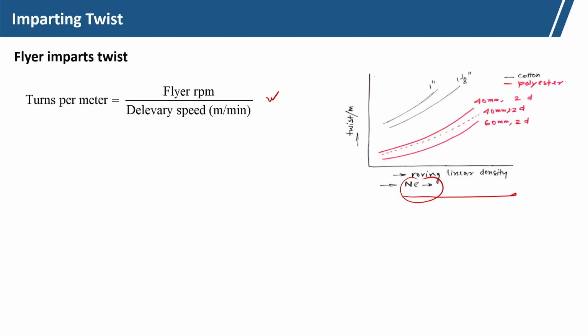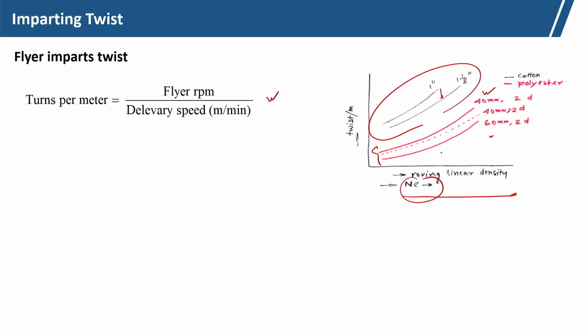And for longer fiber we can use lower twist, and for cotton we keep a little bit higher twist than polyester, because polyester fiber length is longer. You can see that even for polyester, short and long fibers, 60 millimeter and 40 millimeter, when we are using the longer fiber we use lower twist.